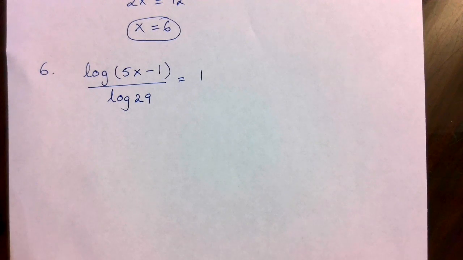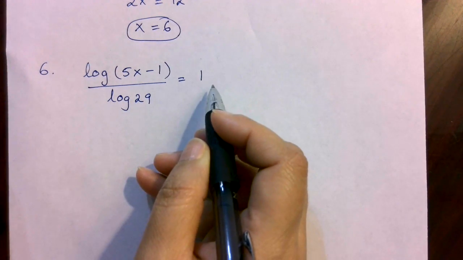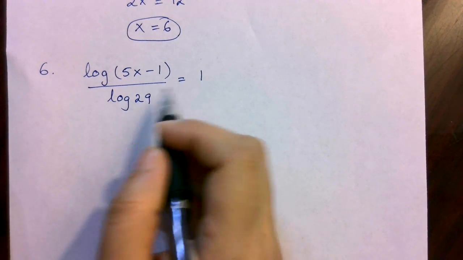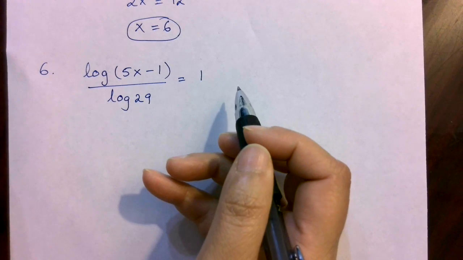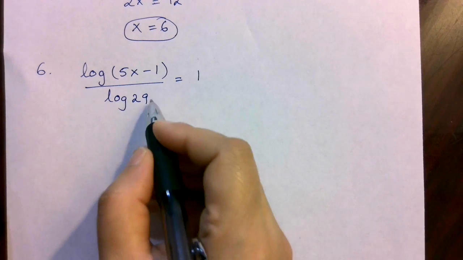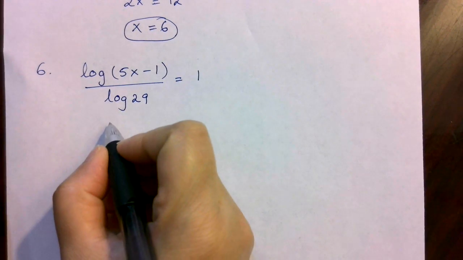Now, we can multiply by log 29 on both sides. That way we'll have log to base 10 on both sides, or common logarithm on both sides. We can get rid of the logs and solve for x. Let's do that. So multiply by log 29 on both sides.